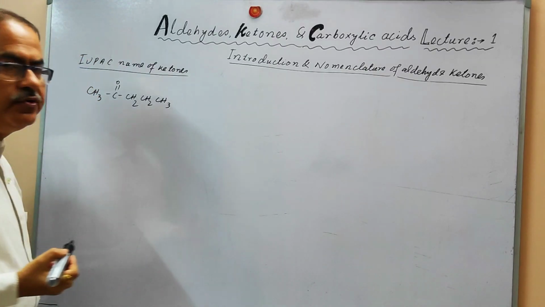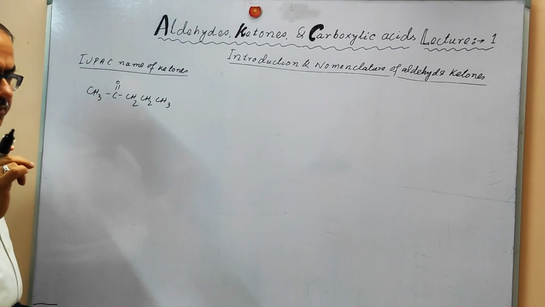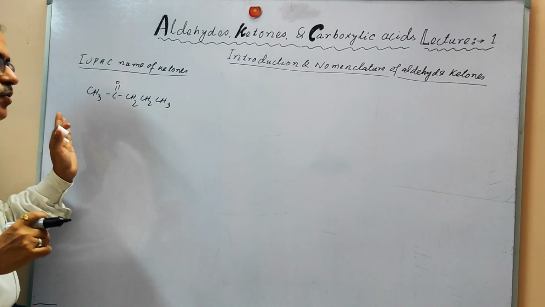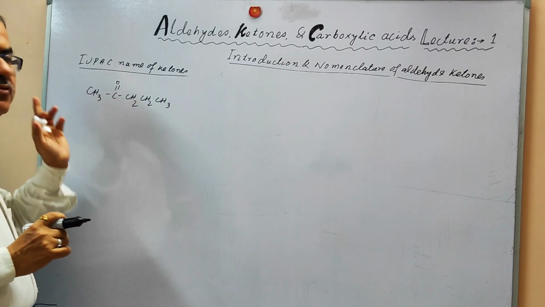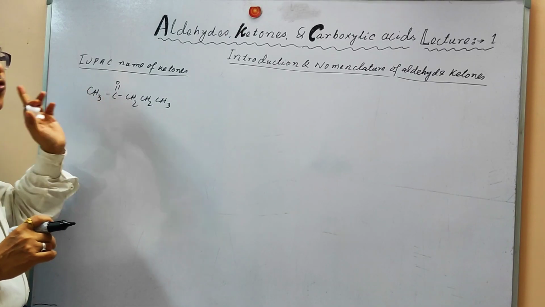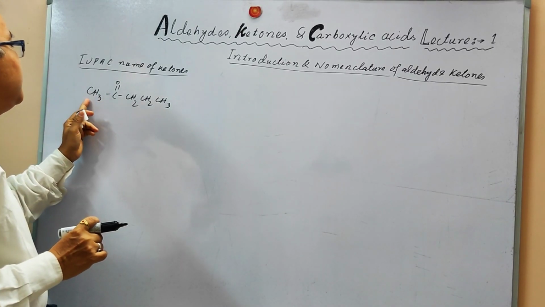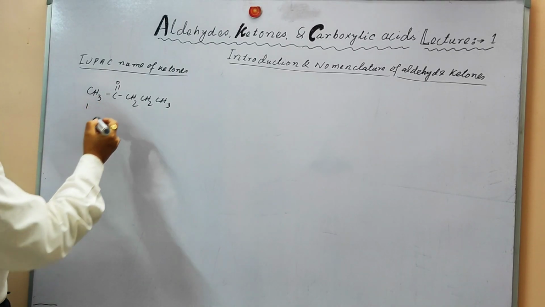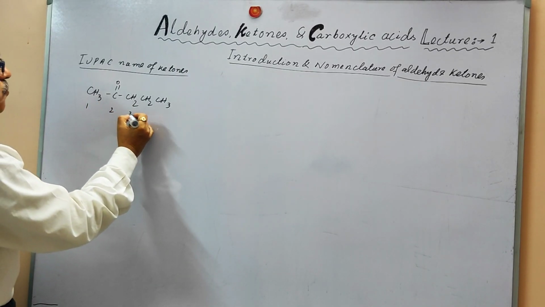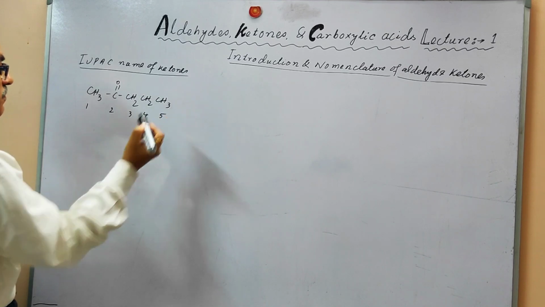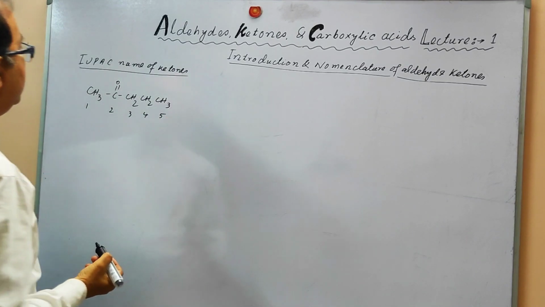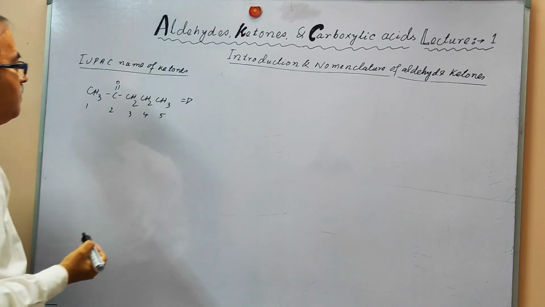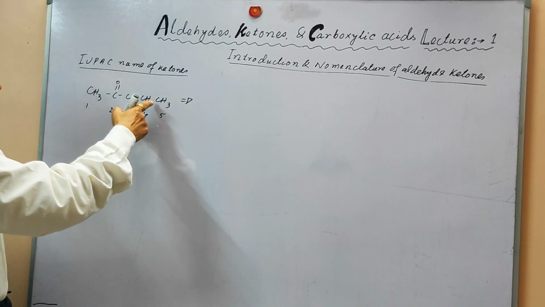So here the first thing that we need to understand is how we number the carbon atoms. We will number the carbon atoms from that end which is nearer to the keto group. So this end is nearer to the keto group, so we will number the carbon atoms from this end, 1, 2, 3, 4 and 5. So what will be the name of this? You have to see the number of carbon atoms.